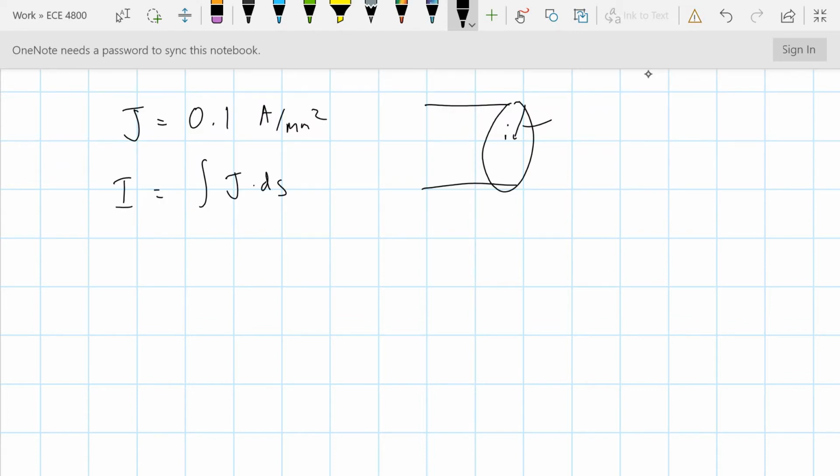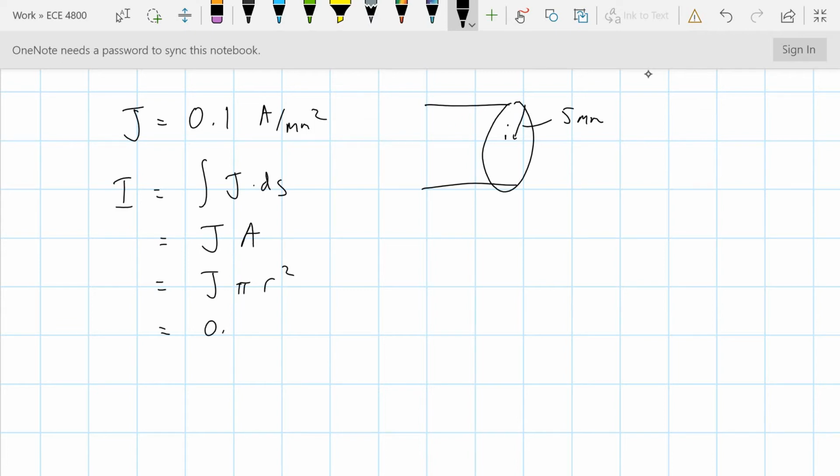Okay. All right. So in this case, since the J is uniform everywhere, this is just going to become J times the cross-sectional area. So it's J times pi r squared. We just have to be a little bit careful about the units here.